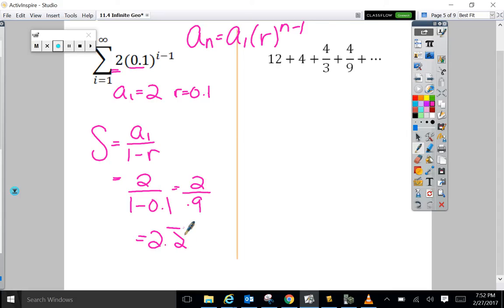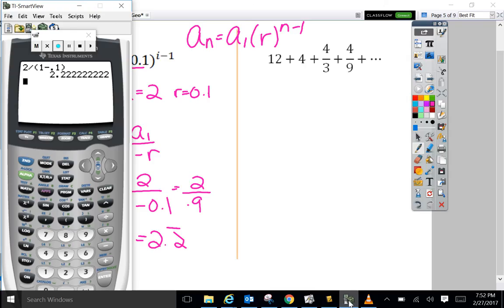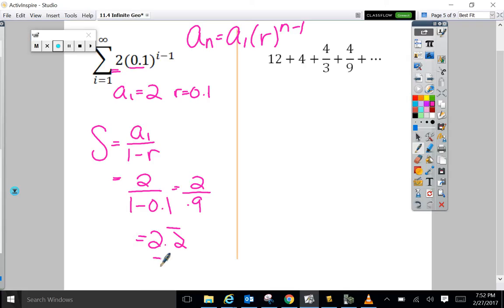You could also give me that sum as a fraction, 20/9. That is the sum of this infinite geometric series.